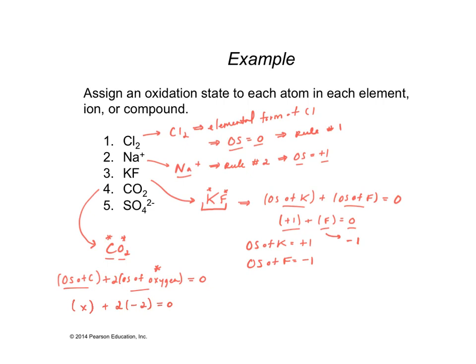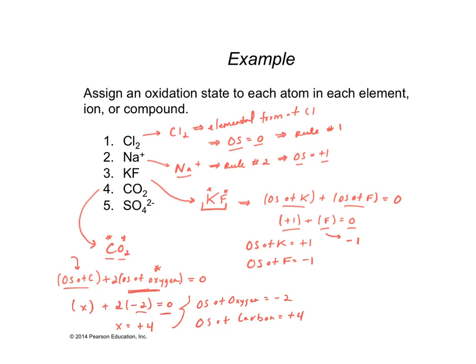So whenever we do that, we find that the oxidation state of carbon here is a +4. So for this guy, we've got the oxidation state of oxygen is equal to a -2, and we've got the oxidation state of carbon equal to a +4. And again, this goes back to rule 3. We were allowed to assign oxygen first. It had a -2 oxidation state, and so carbon is going to take on whatever it needs to make sure that these guys all sum to 0.